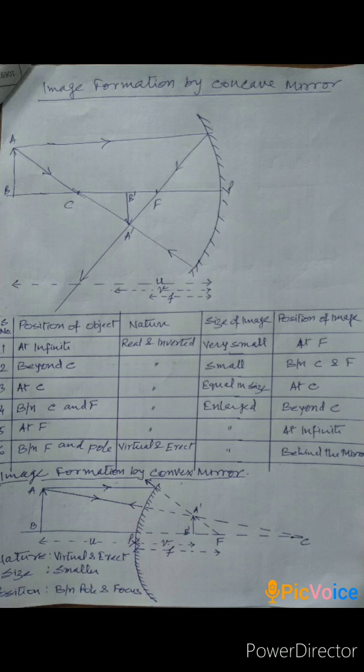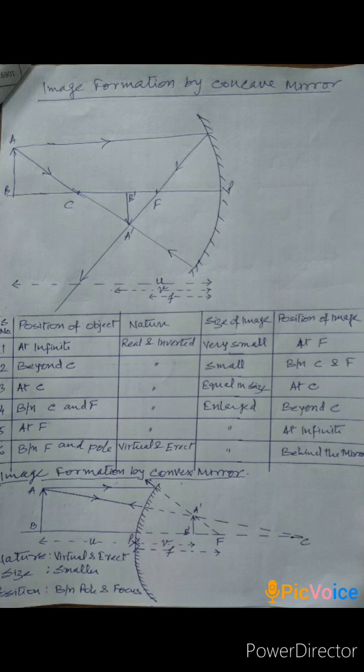When the object is at C, the size of the image is equal to the size of the object, and afterwards the image is enlarged in the rest of the three cases.